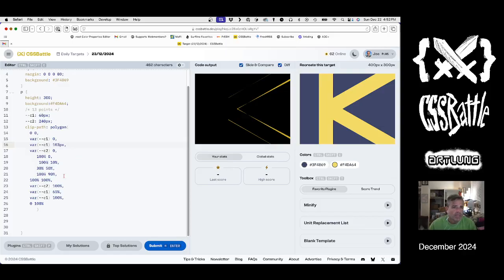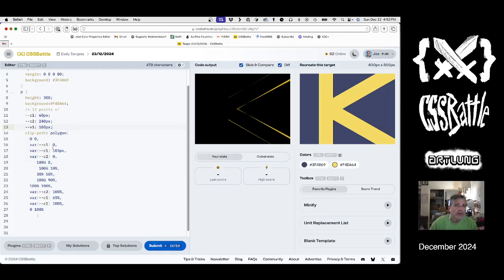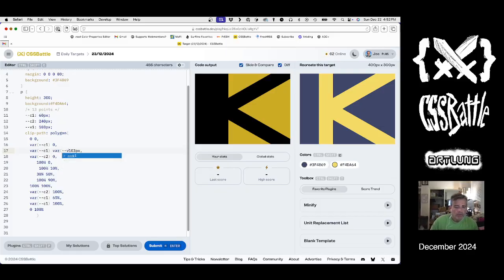So I think that means, so let's variabilize that one just for our sanity's sake. So this is what the vertical one is var 103 pixels. Var 1.